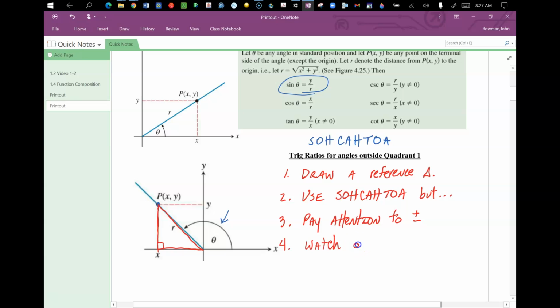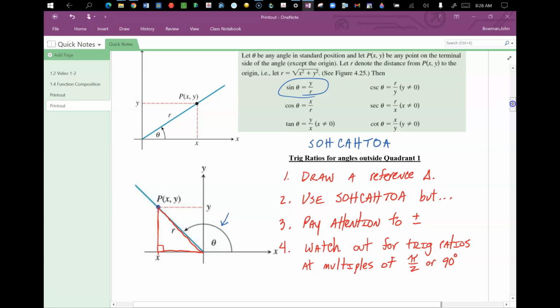So watch out for trig ratios at multiples of pi over 2 or 90 degrees. Why? Because first of all, you can't have a reference triangle at multiples of 90, and second, some of the trig ratios are going to be undefined at multiples of pi over 2.